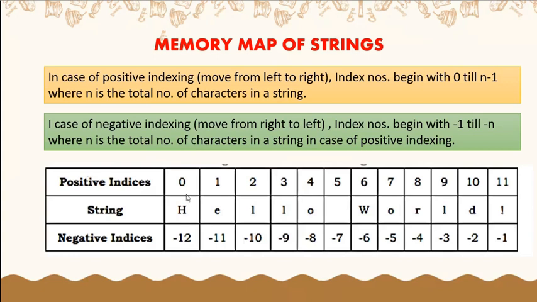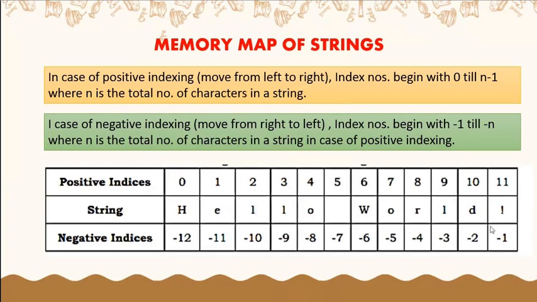If I am creating the string hello world followed by an exclamation mark, each and every character has an individual memory space and is assigned a unique index number. You can see here that H has the index number 0, E has the index number 1, L has the index number 2, then the second L has the index number 3, and so on. This is known as the indices of the string.